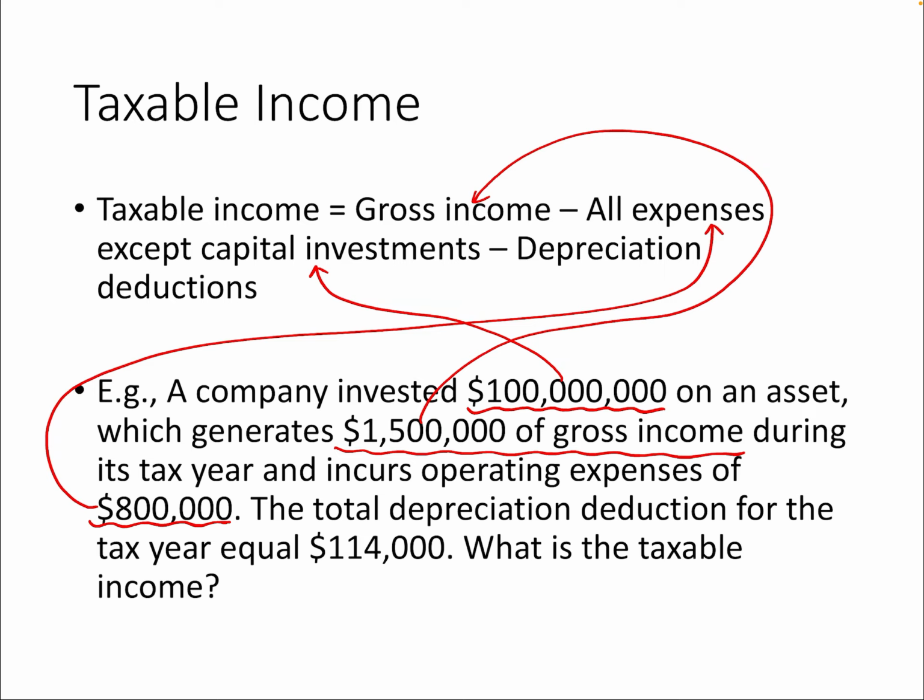The total depreciation deduction for the tax year equals 114,000. This is your depreciation deduction. All right. So now what is the taxable income? Using this formula, your taxable income should be gross income, which is 1,500,000, minus your expenses, except the capital investment.